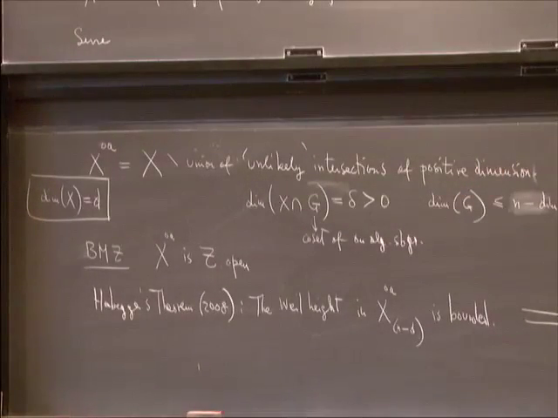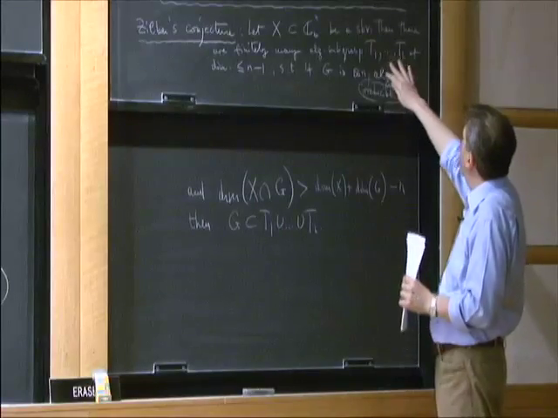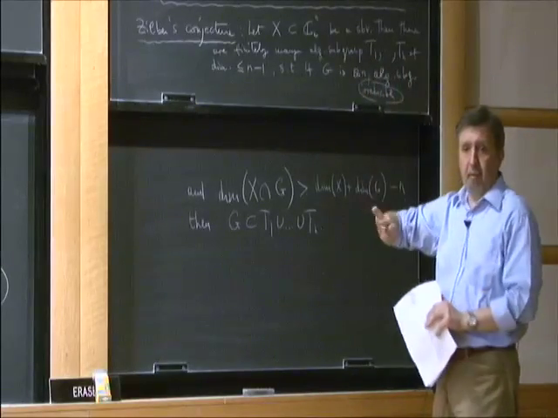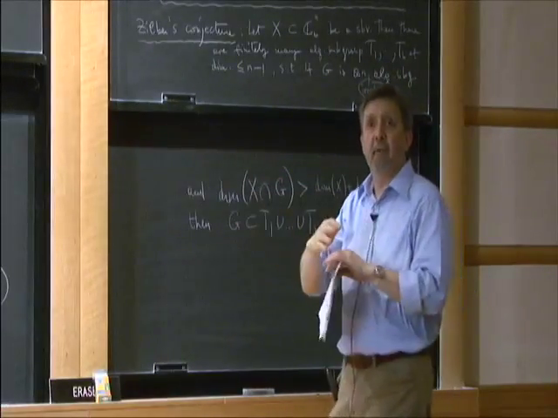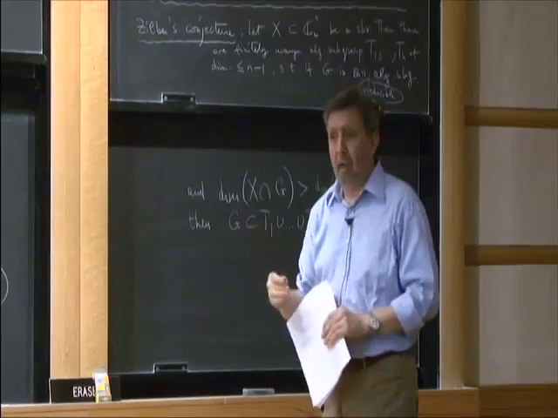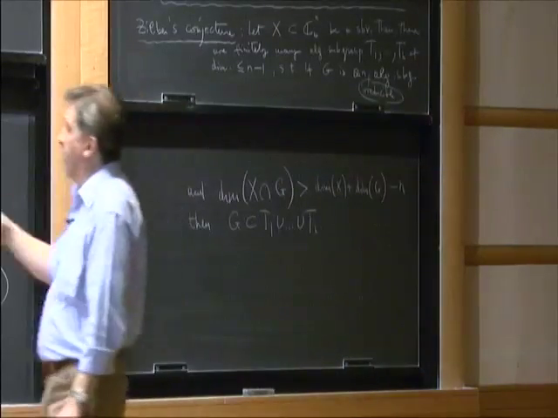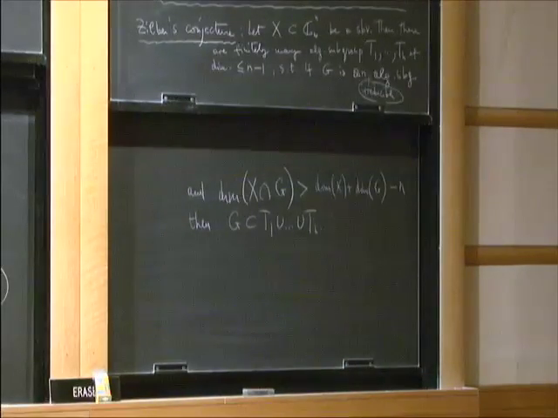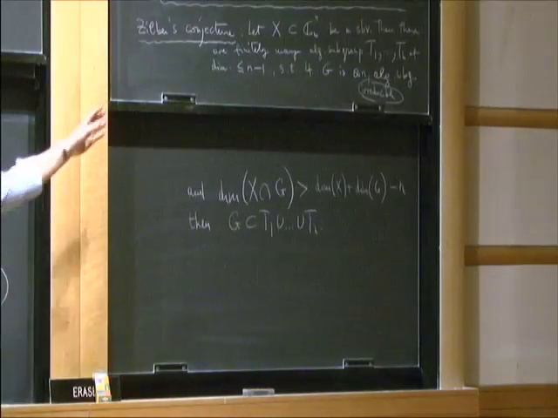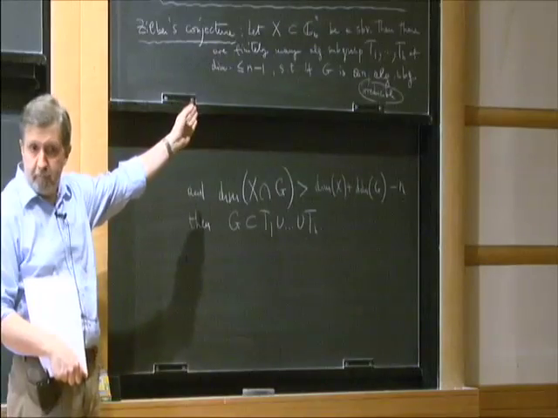Here we have algebraic subgroups, whereas in the other one we have arbitrary cosets, and mainly we considered only the intersection of positive dimension. So this amounts to a kind of function field version of this.